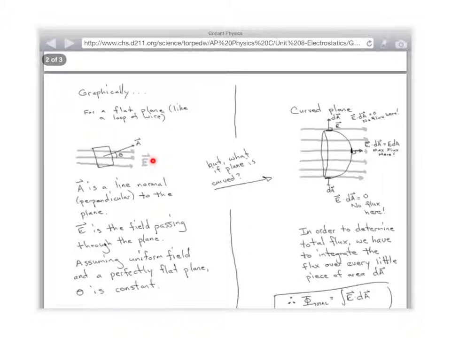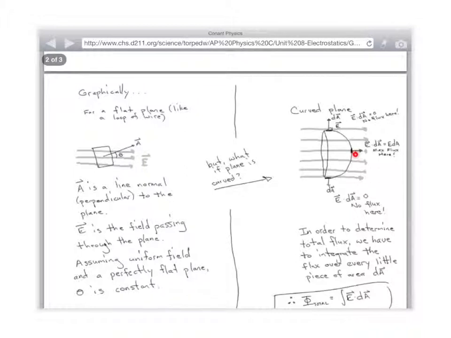Let's say you had a curve, like a cup, shaped like this, and you had field coming into it. What would be the angle right at this point? 0 degrees, right? What would the angle up here be? 90 degrees. And it would change from 90 degrees to 0 degrees.